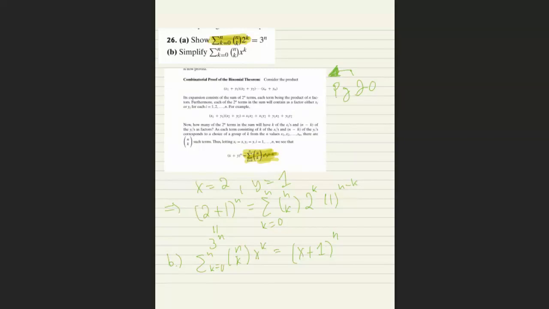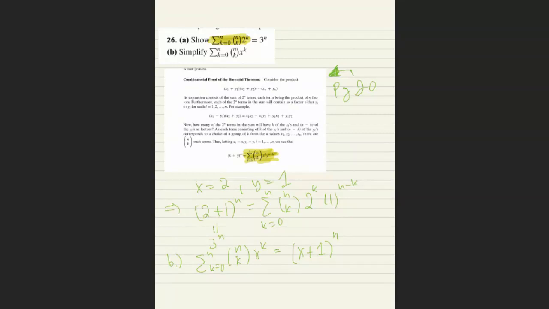Tom, excuse me, the question is 26, A and B part, right? To show those two equations. Okay, so your solution is a combinatorial proof of the binomial theorem, and you're using it.